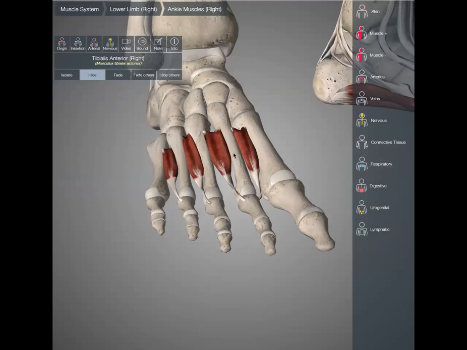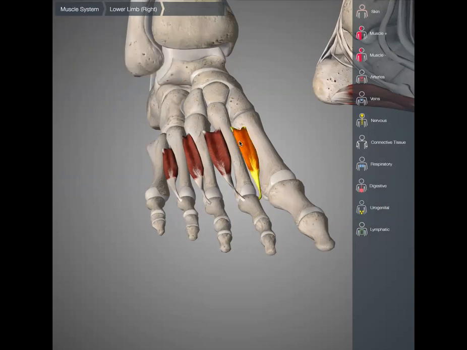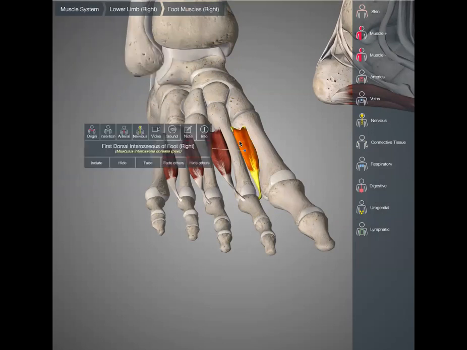These are the second muscles of the deep or fourth layer found in the muscles of the foot. The dorsal interossei originate from the lateral aspect of the metatarsals. The first muscle here attaches to the medial side of the proximal phalanx of the second digit here.